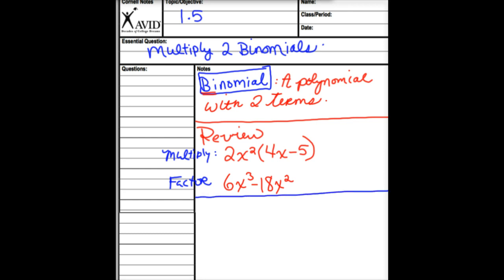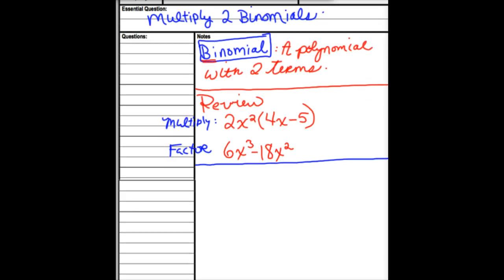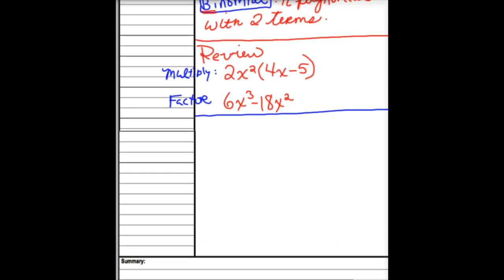All right, so continuing on, when we multiply a binomial by a binomial, let's put an example up here. For example, 2x plus 3 times x plus 5.